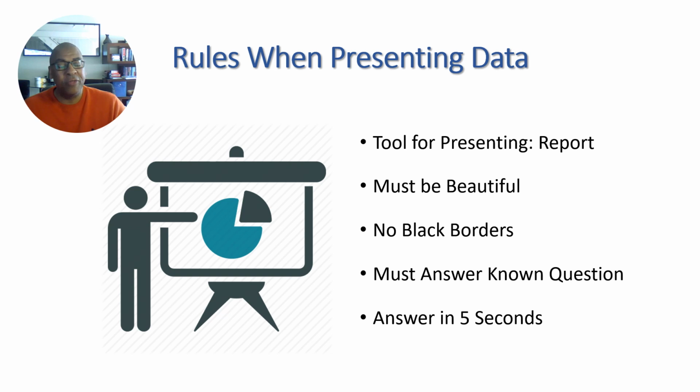And remember that when you present, you must be answering a known question. You're not data dumping and just displaying data just because you have it. You must be answering a known question, and when you present, you must deliver the answer within 5 seconds. Now, there's a reason for the 5-second rule. I want you to know that your body is under a slight uptick of tension when you have a question.